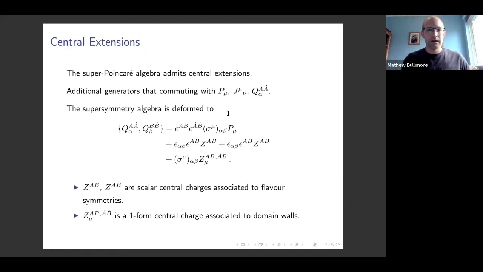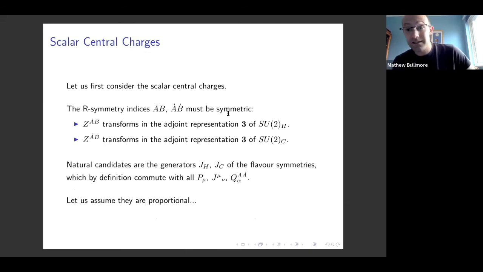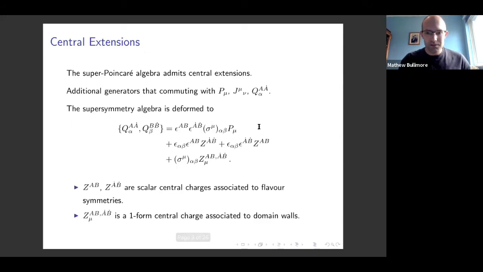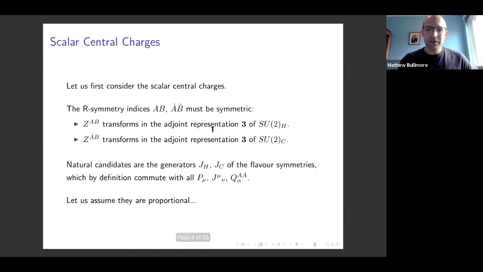Okay, let me discuss the central charges first, the scalar central charges. As I just mentioned, for things to be compatible with the supersymmetry algebra, the two indices on the scalar central charges, which were spinor indices, two-component indices for the SU2 Higgs and the SU2 Coulomb, have to be symmetric.